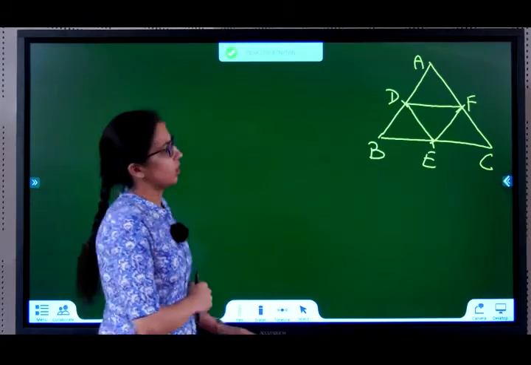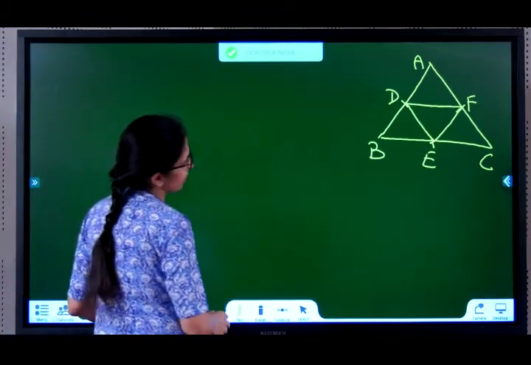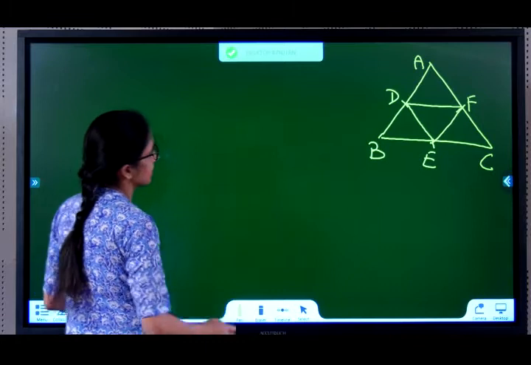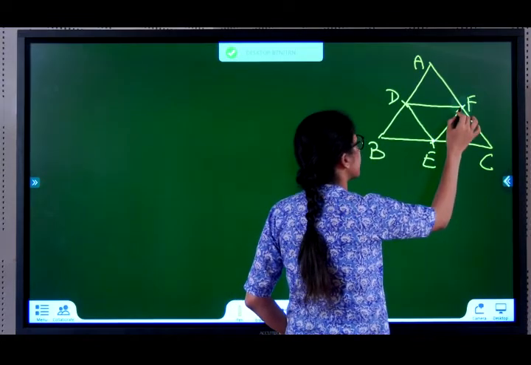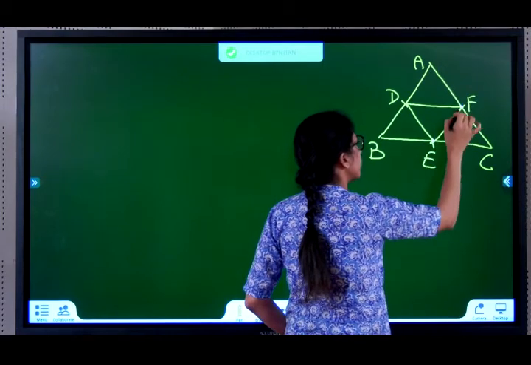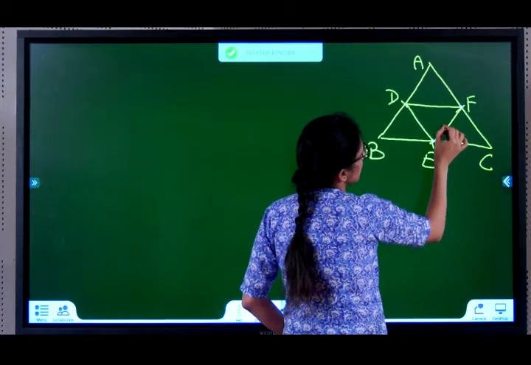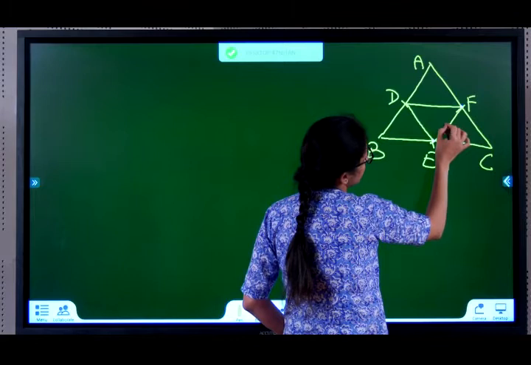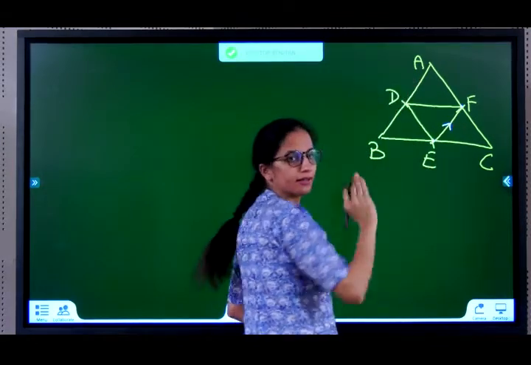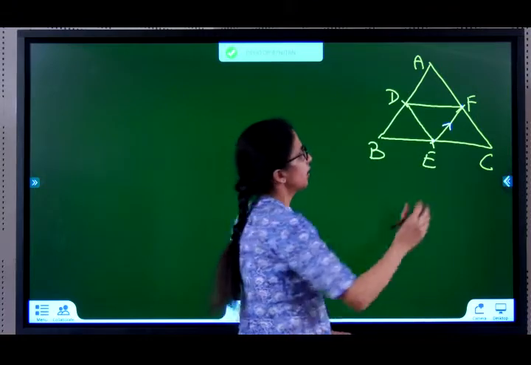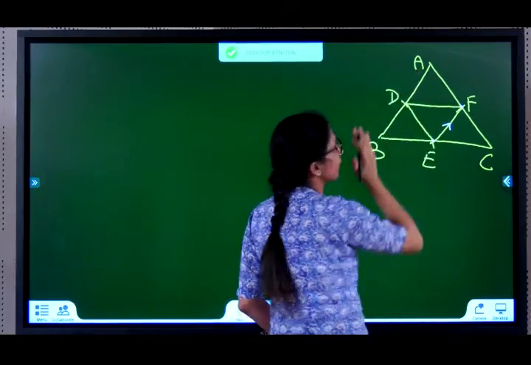Okay. So now while doing the proof, see here, this is a midpoint and this is a midpoint. If I join two midpoints, what happens? The line becomes parallel to the third side. So this side becomes parallel to this side. Agreed? And also EF is half of AB.